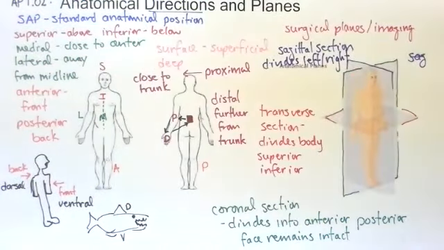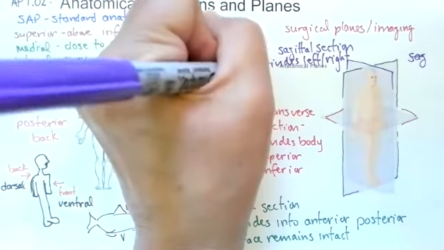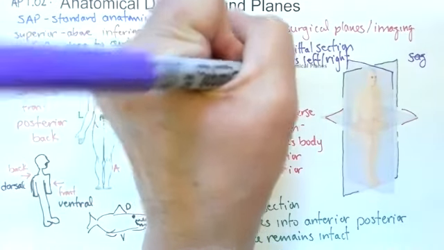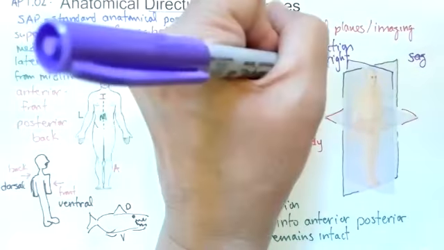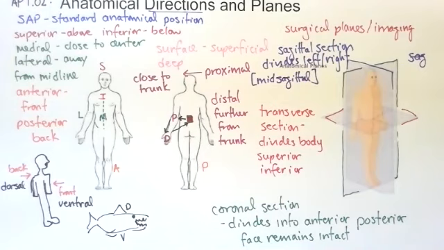And we have a special one here because it goes exactly through the center of the body. If you have a sagittal section that divides the body exactly into left and right halves, we call that mid-sagittal. That's exactly in the middle.